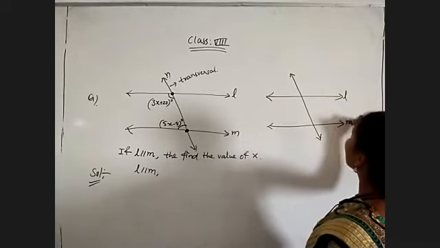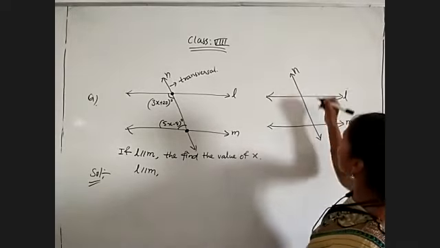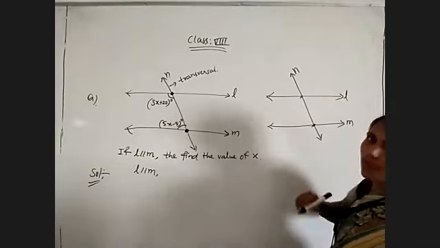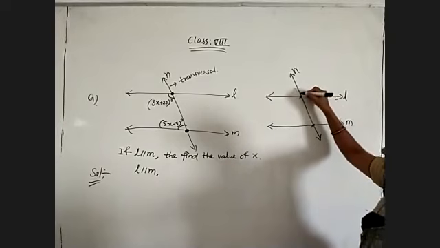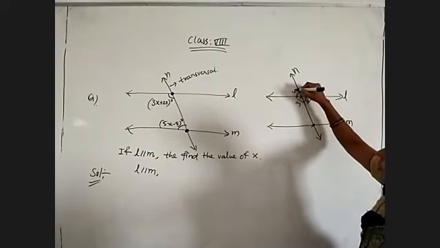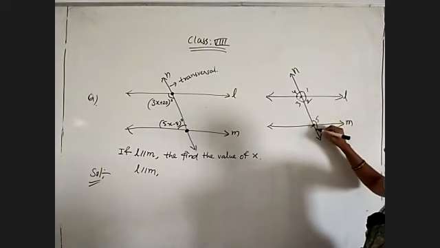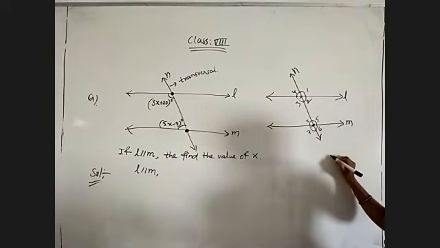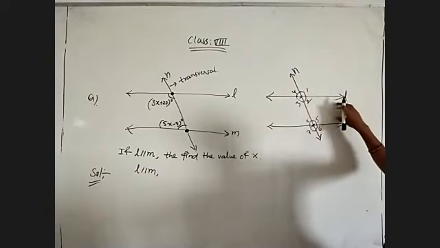L, M, and here N. So here, how many angles are formed by the transversal N? 1, 2, 3, 4, 5, 6, 7, 8. Total 8 angles are formed by the transversal in this figure.